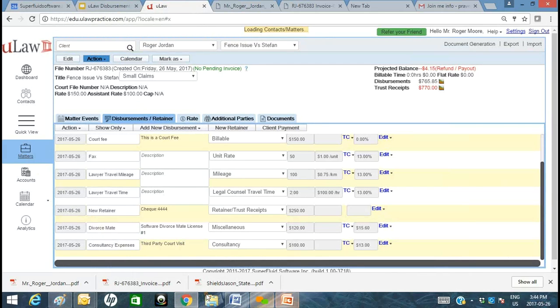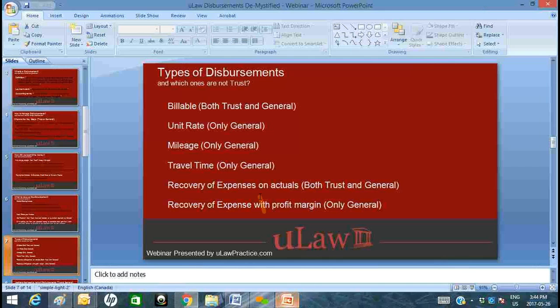Okay? So let's go back to our example of what we just tried to cover. Disbursements, the different types of disbursements. We looked at coming out of both trust and general, and we looked at how once you've raised it through general, how you raise an invoice, move the eligible trust money from your trust to general, and ensure that if you're doing an electronic fund transfer in the province of Ontario, that you're filling that Form 9A, hopefully as and when it happens.